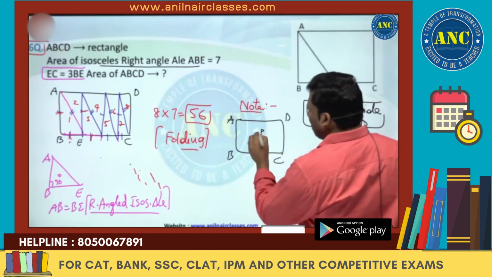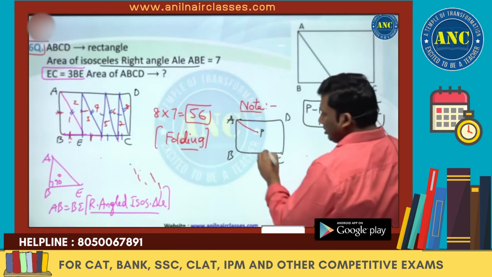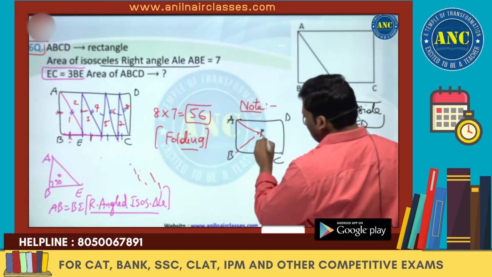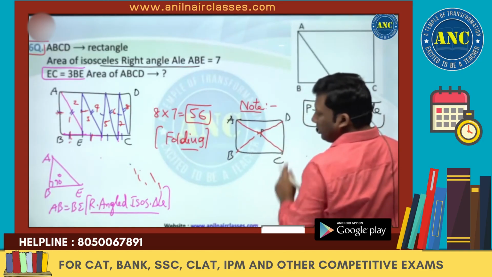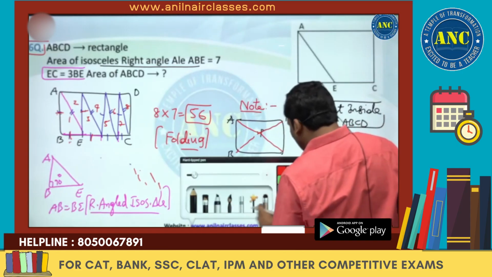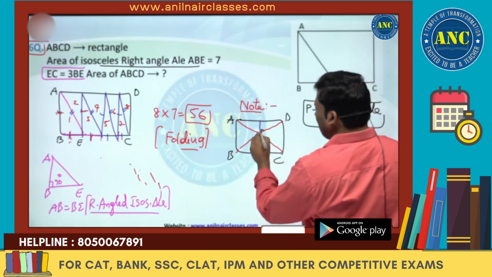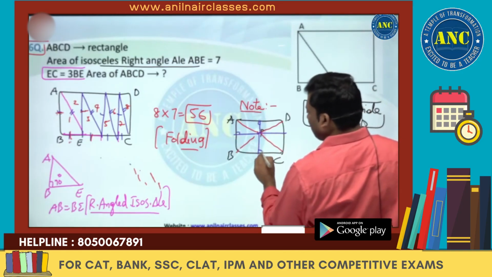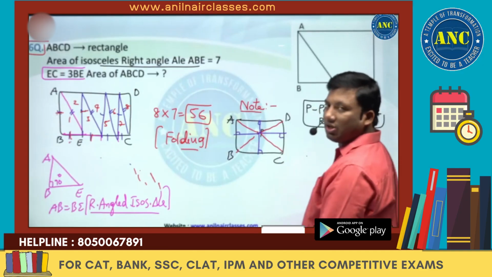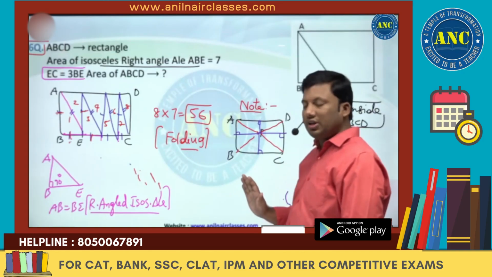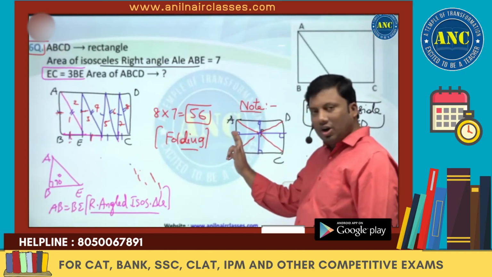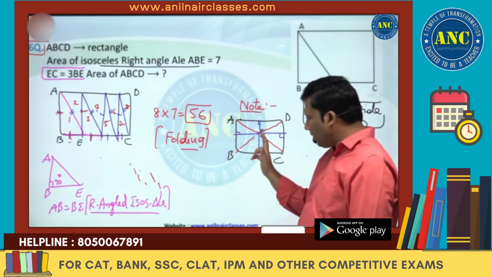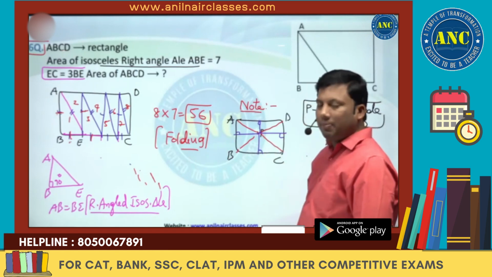If you see here, join this, join this, join this, join this. Drop a perpendicular, you will get the answer. If I drop perpendiculars, these are all the perpendiculars drawn onto the opposite sides. From P I have drawn perpendiculars.